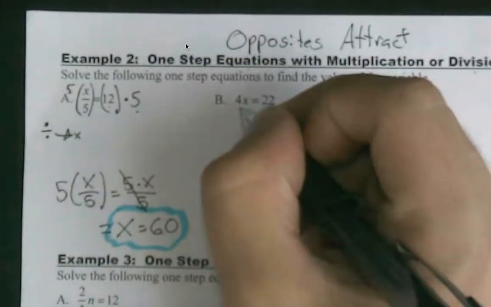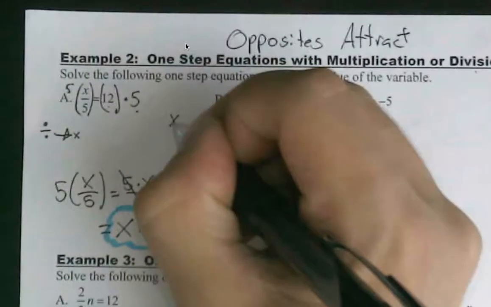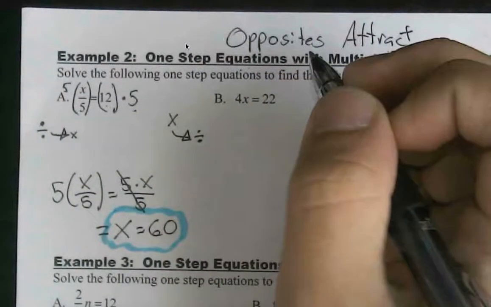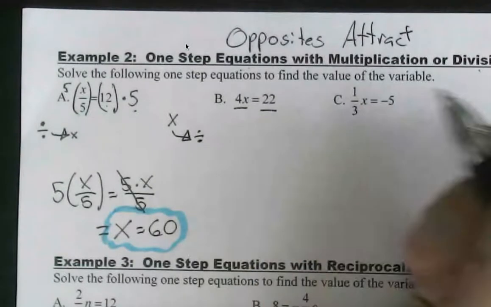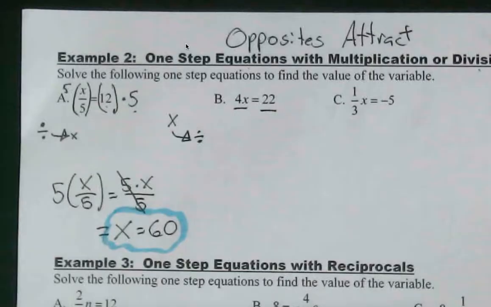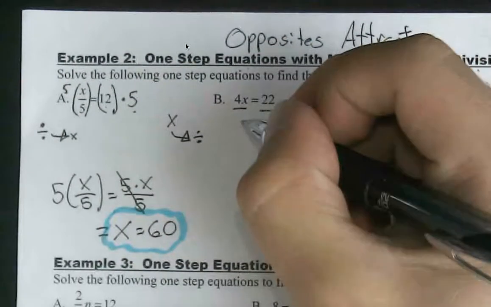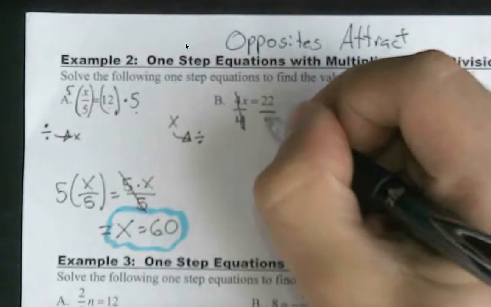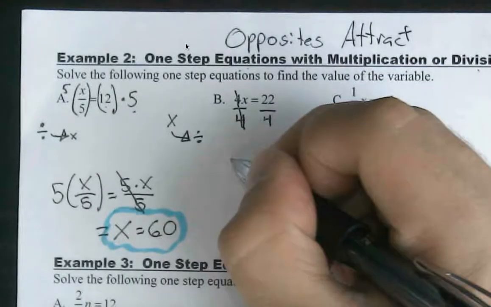Well, we see that 4 is multiplying with x, so we undo this using division. What should we be dividing both sides by to isolate x? 4 seems ideal, because if we do that, our 4s can cancel here. 22 over 4 is what we're left with.